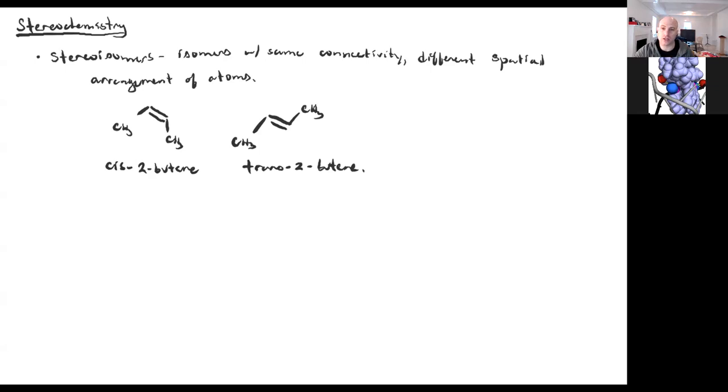Okay, and there's an important distinction here, which is that you need to be just a little bit careful about how you apply the term stereoisomer.